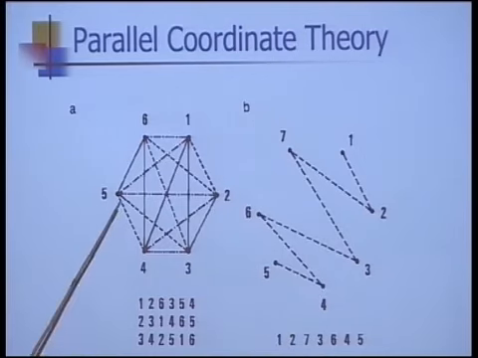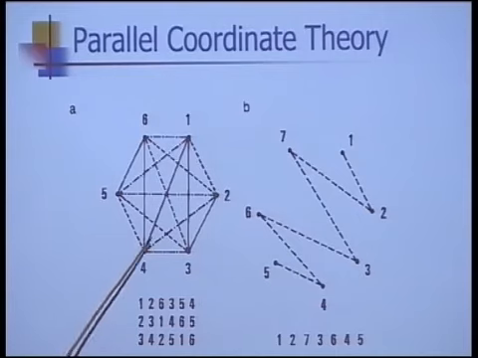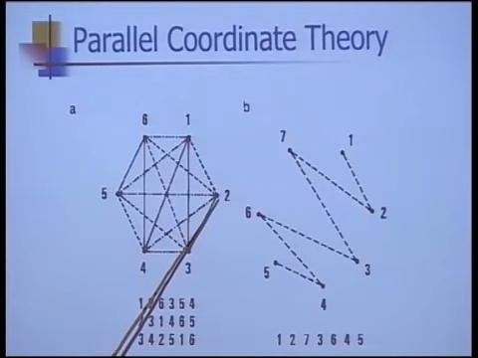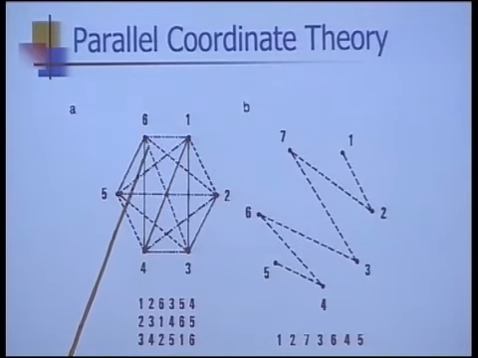I've illustrated that here in a 6-dimensional case. The first permutation is the dashed line. It gives me 1 with 2, 2 with 6, 6 with 3, 3 with 5, and 5 with 4. If I rotate it, the second one gives me 2 with 3, 3 with 1, 1 with 4, 4 with 6, and 6 with 5.